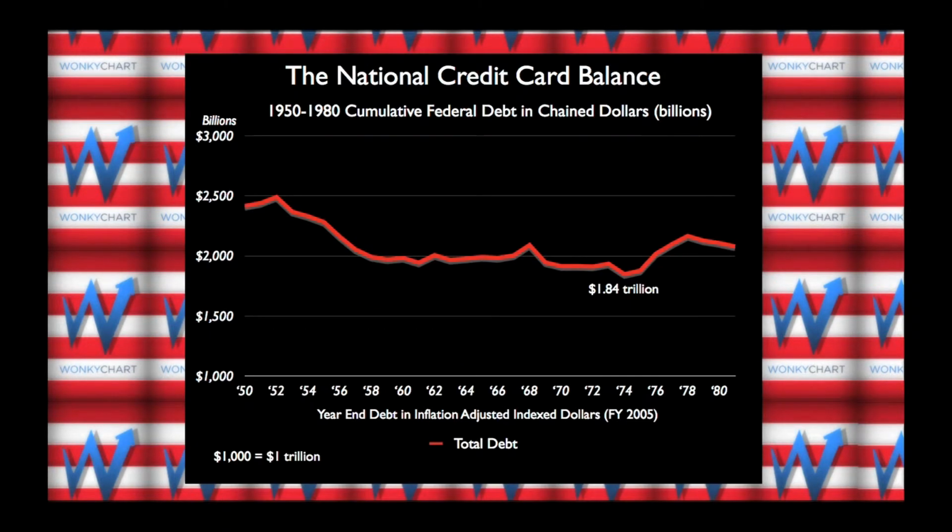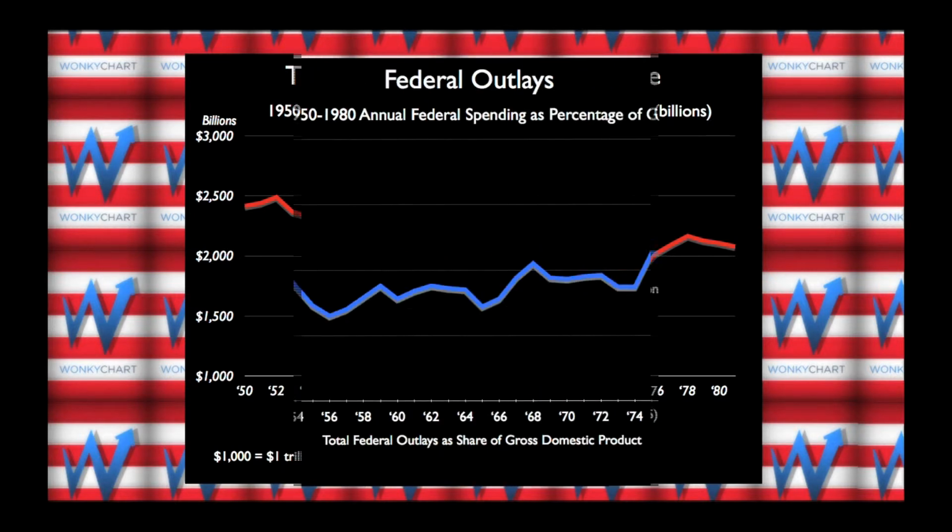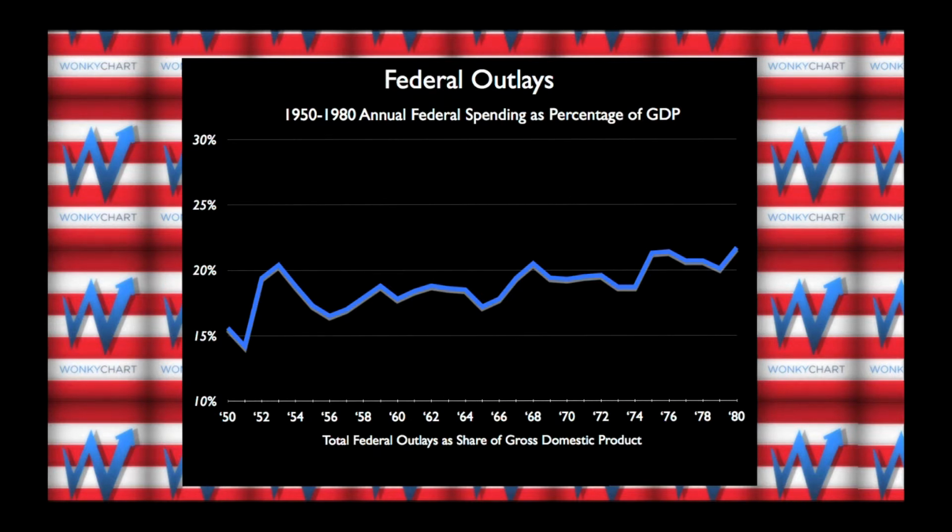This chart shows cumulative debt in chained dollars. Again, debt fell to a low of $1.84 trillion before climbing slightly over $2 trillion late in the decade. Look at the same years in outlays as a percentage of GDP. Spending was on a gradual upward slope to 21.7% in 1980.